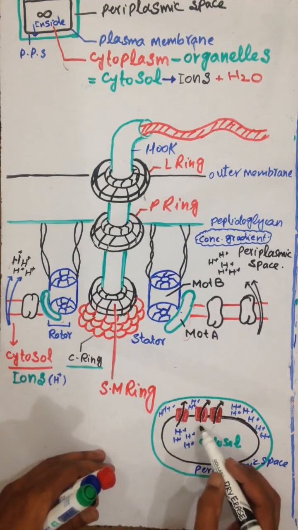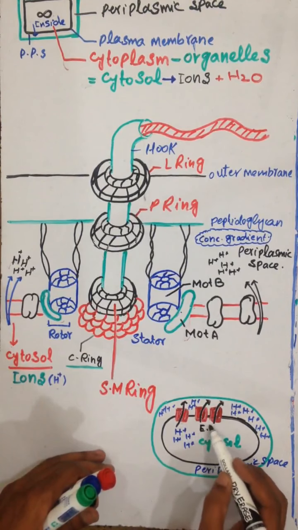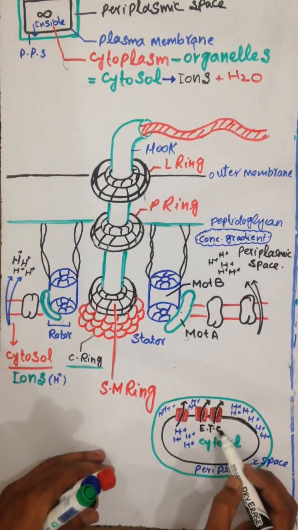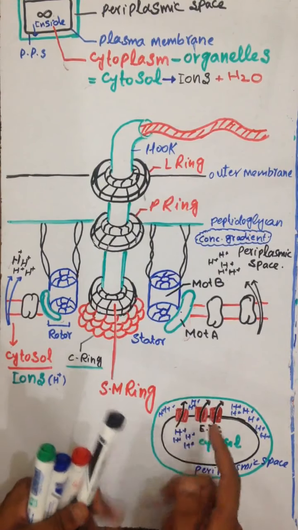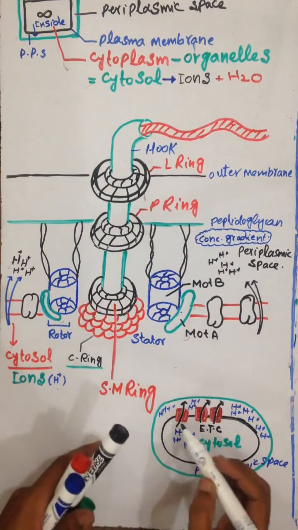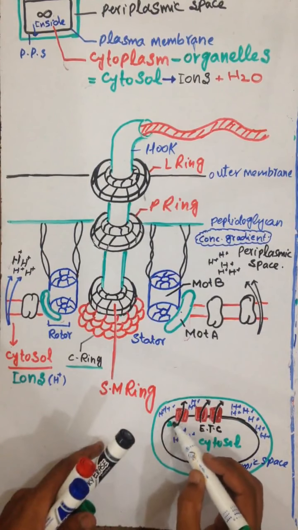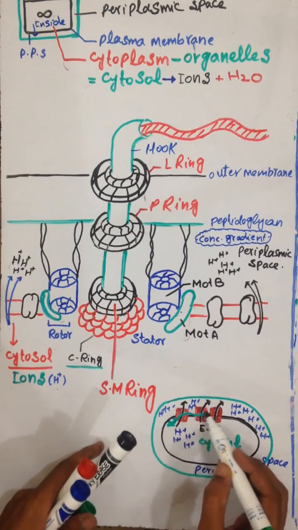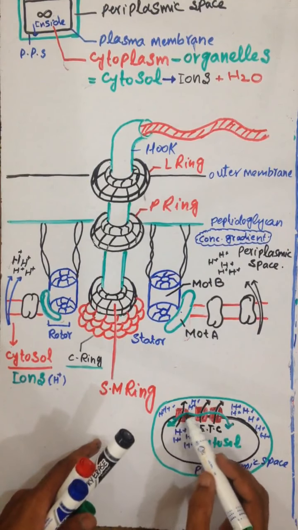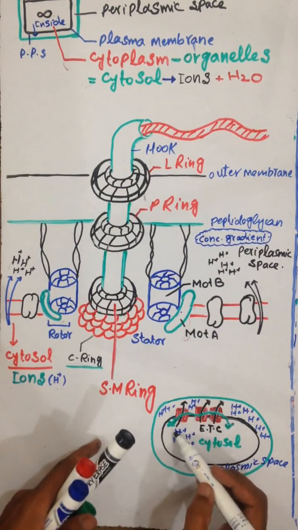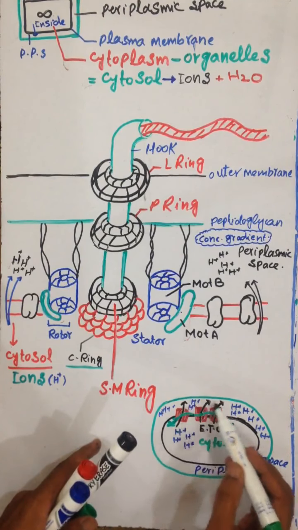This is called the electron transport chain. When excited electrons move through these channels, the energy of these electrons will be used for the pumping of hydrogen ions into the periplasmic space.